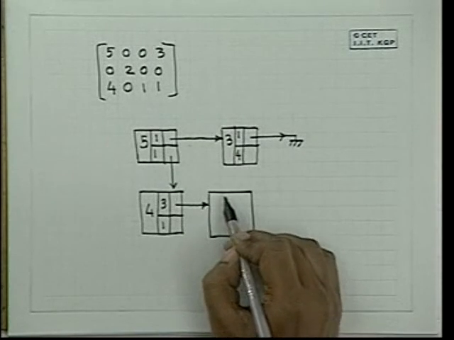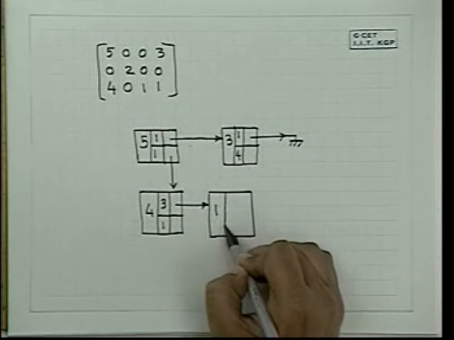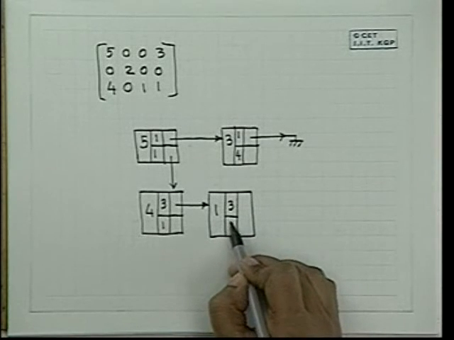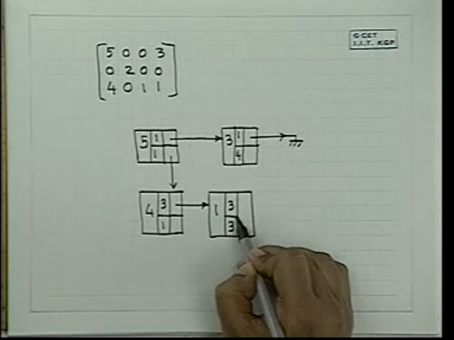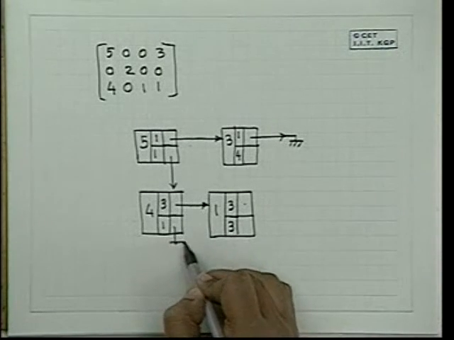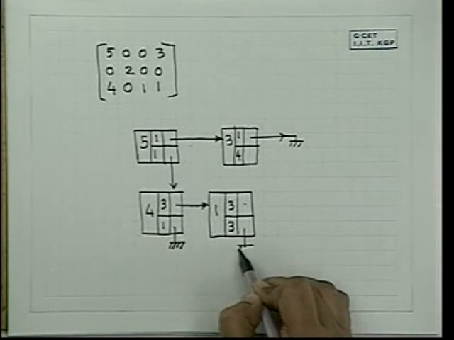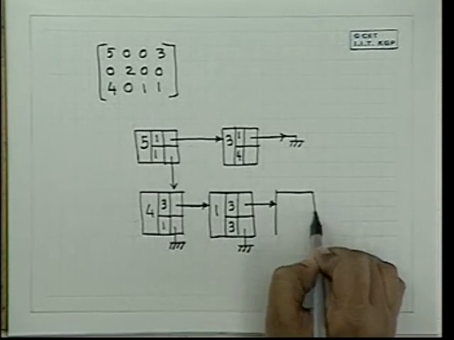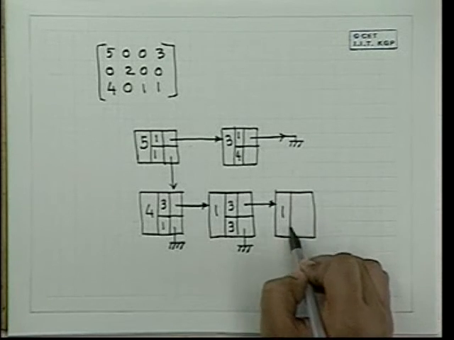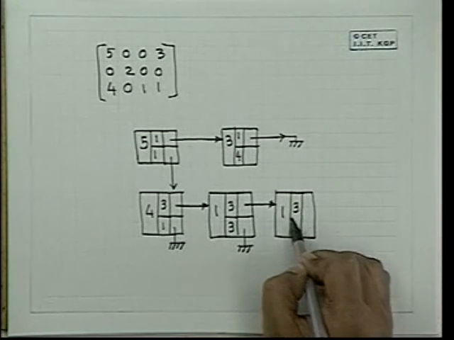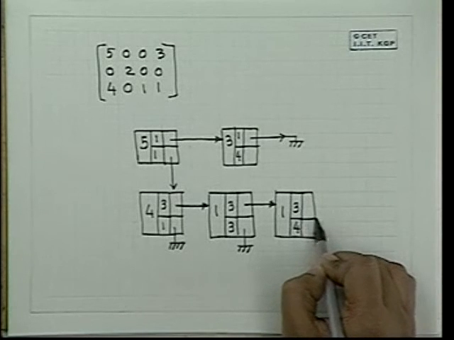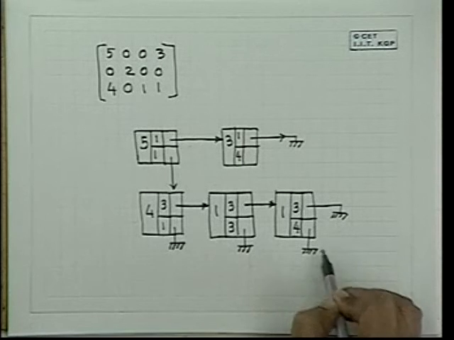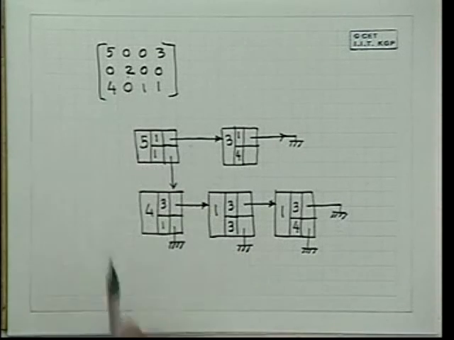This will be 1, this will be 3, this will be 3, this will be ground, this will be ground, this will be pointing to 1, 3, 4. This is grounded, this is grounded, fine. But what about this element?